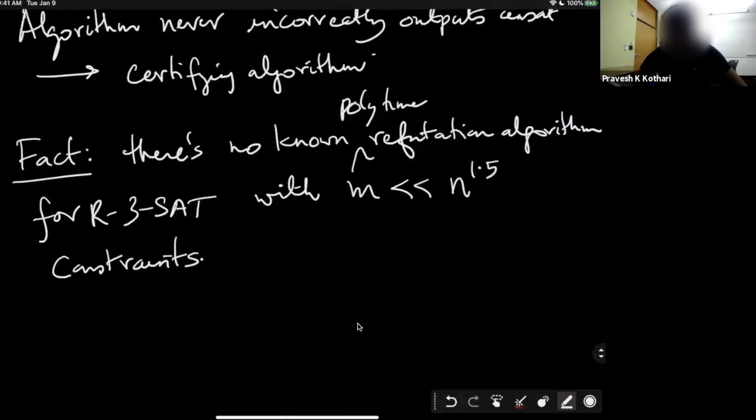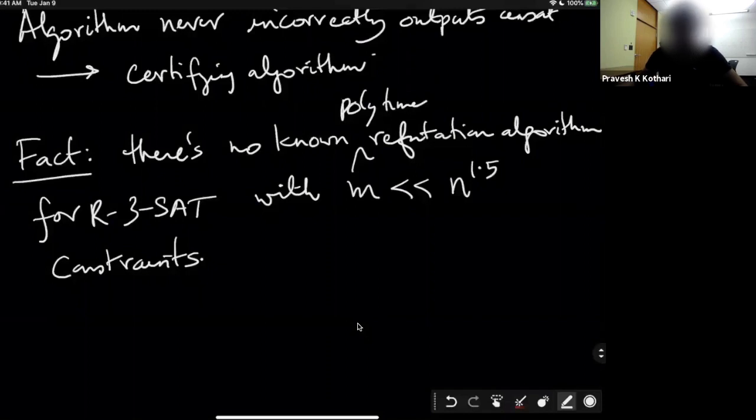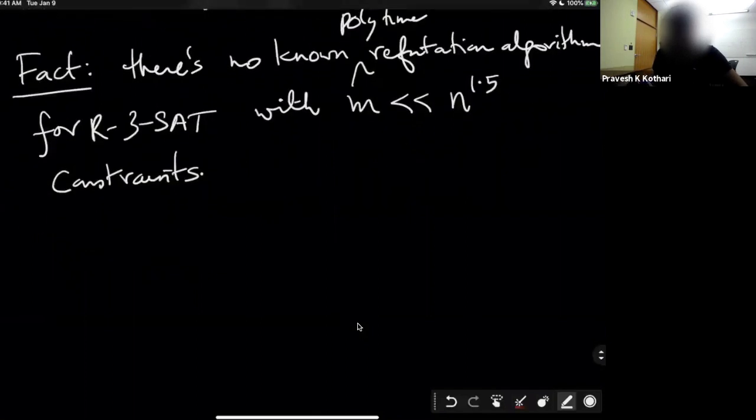And it turns out that at least Feige in 2001 was right, because in 2001 there was certainly no known algorithm. And so in fact, Feige conjectured, and now it's actually a pretty famous conjecture, called the random 3SAT hypothesis.